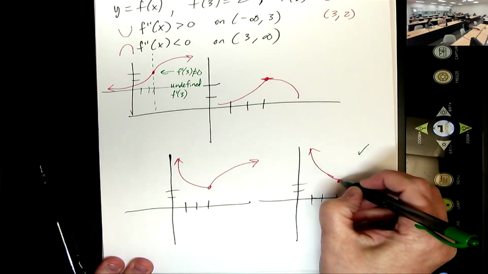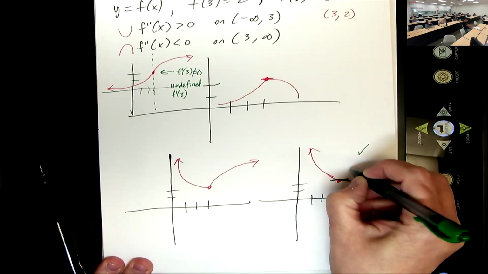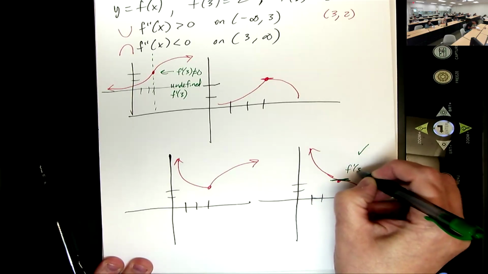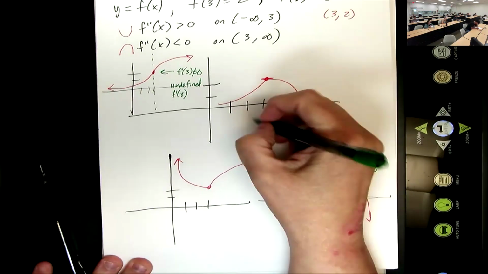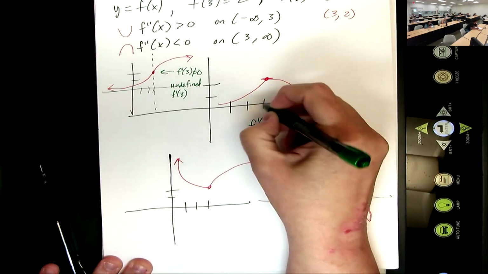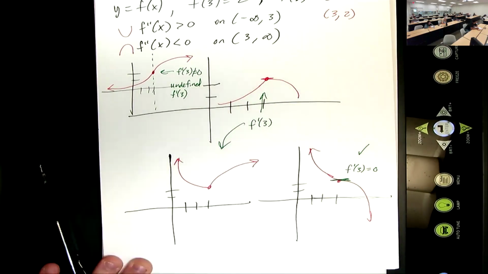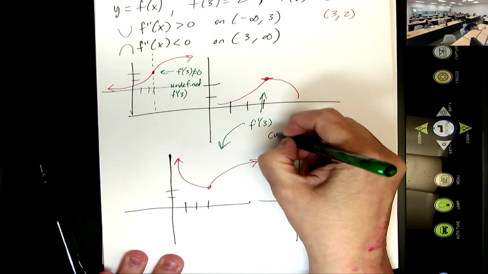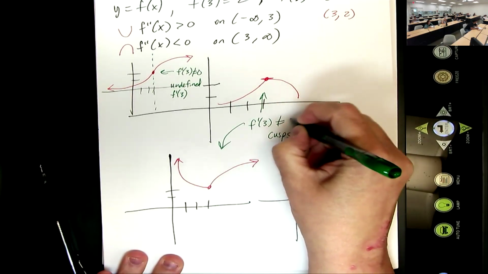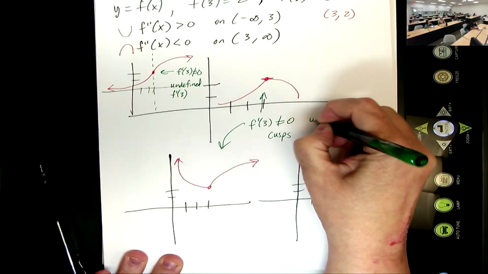So this has a slope of 0 here. What about f prime of 3 here and here? Oh, because there's no limit. These are both cusps, so f prime of 3 is not going to equal 0 there, it's also going to be undefined there.